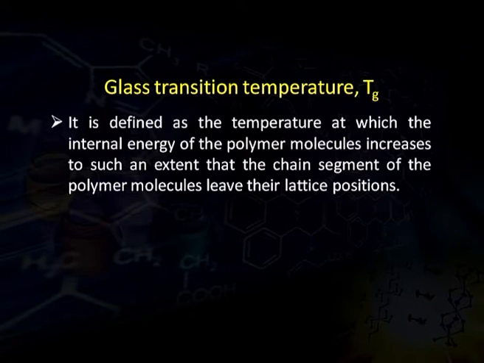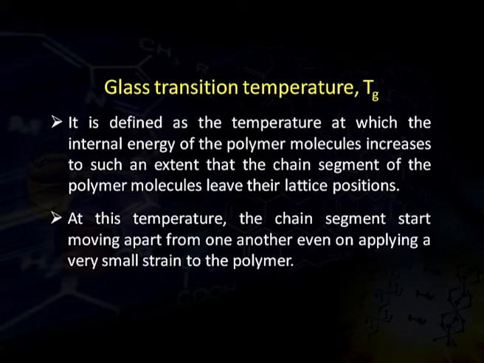And at this temperature the chain segments start moving apart from one another even on applying a very small strain to the polymer. Because the chain segments have left their position, if a very small pressure or strain is applied to the polymer, the chain segments start moving apart.